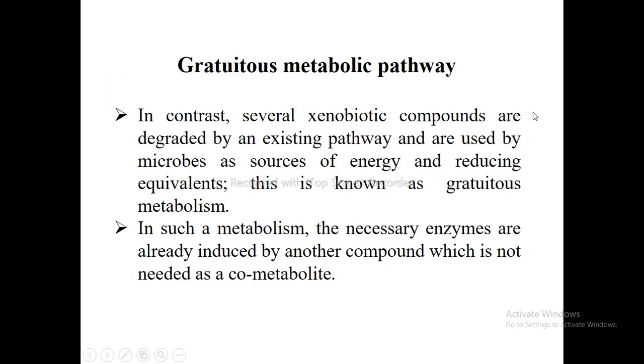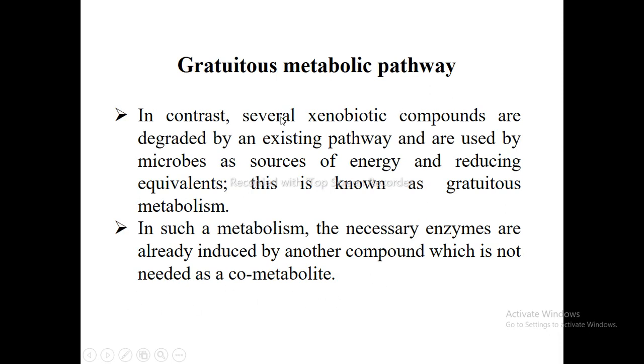Now another term that we should be familiar with is gratuitous metabolic pathway. What is this? In contrast to the co-metabolic pathway, in the gratuitous metabolic pathway the xenobiotic compound also serves as a source of energy and reducing equivalents, and hence this is known as gratuitous metabolism. In such metabolism, the necessary enzymes are already induced by another compound, which is not serving as a co-metabolite.